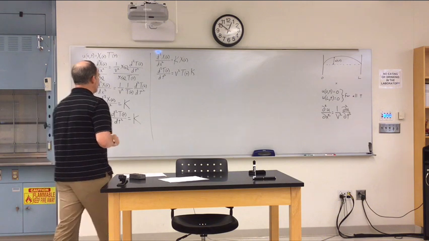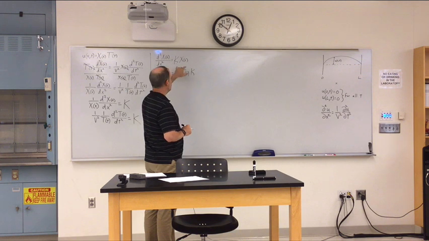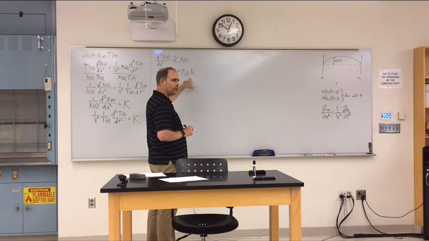One more step. I'm going to subtract the k X from both sides, and subtract the v squared k T of t from both sides.